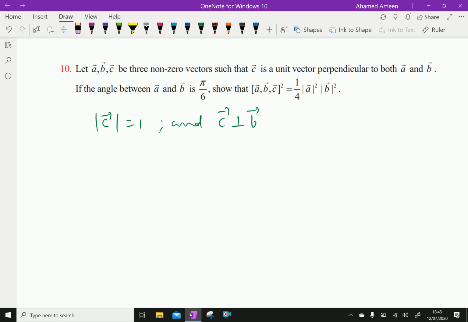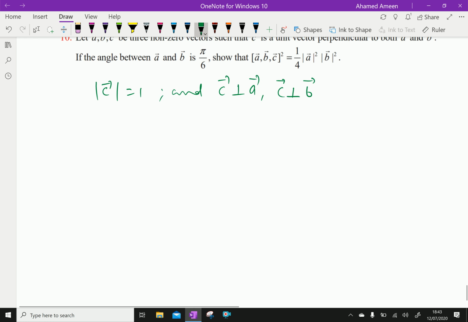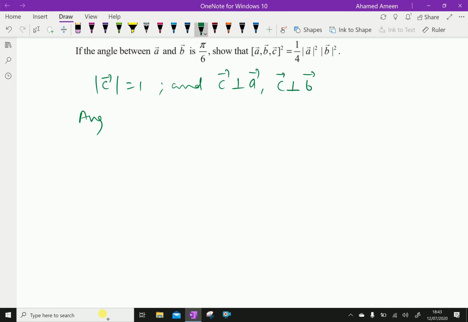Vector c is perpendicular to vector a and vector c is perpendicular to vector b. Now the angle between vector a and vector b is given as pi by 6.